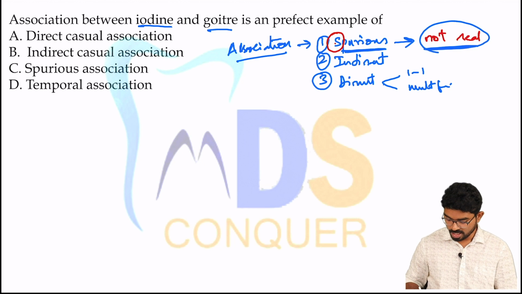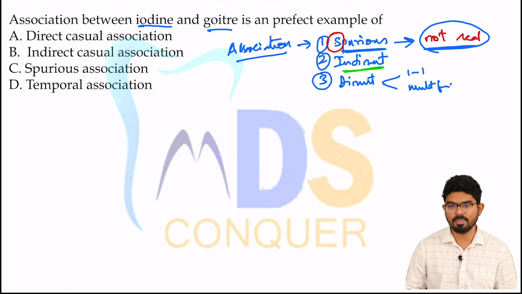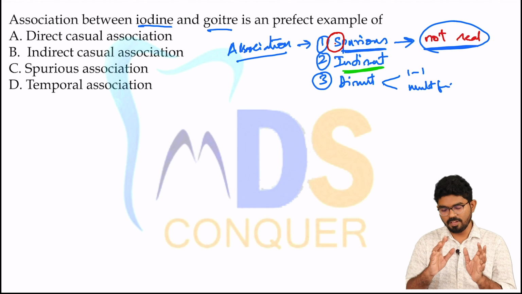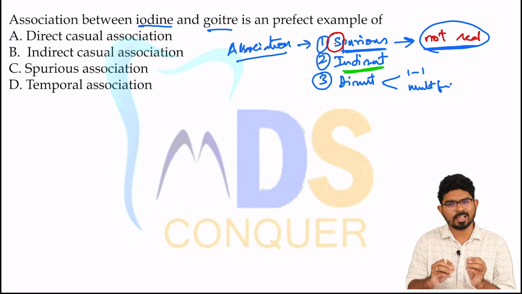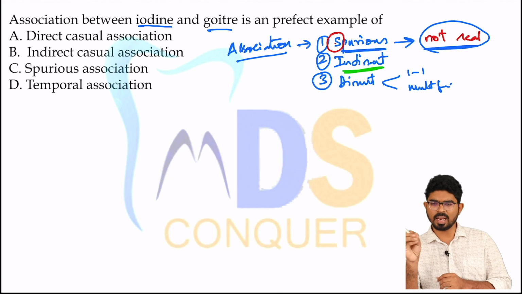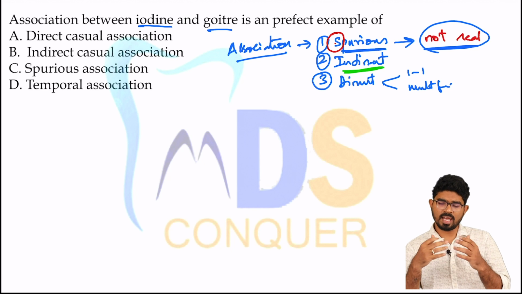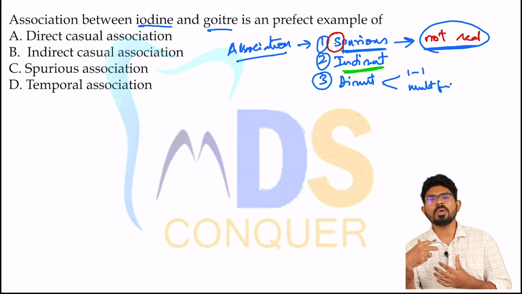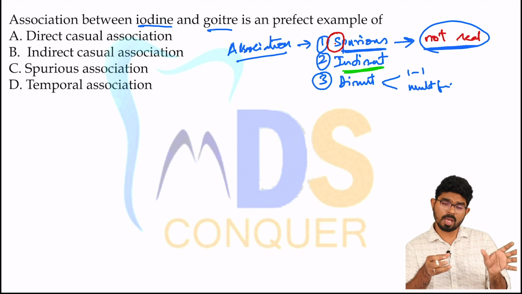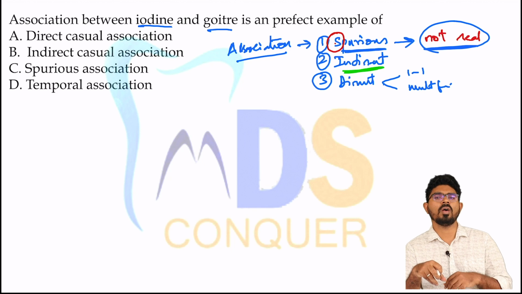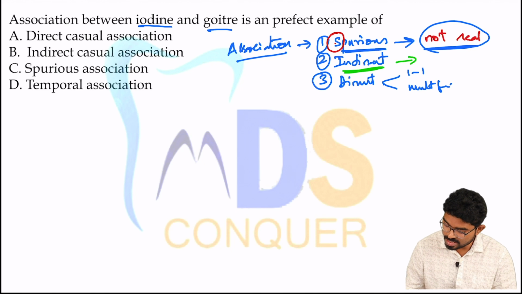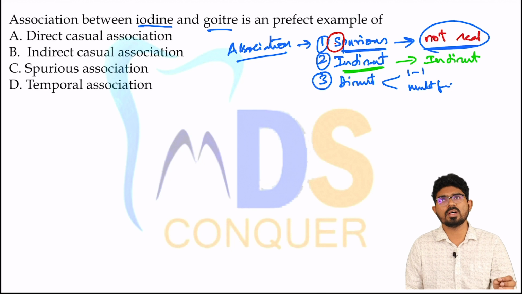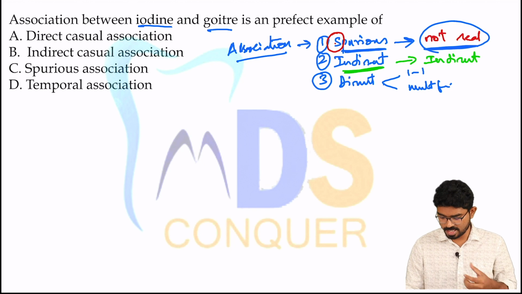The second one is indirect association, meaning the causative organism is not the primary agent responsible for the occurrence of disease, but as the investigation progresses, you come to a conclusion that this factor may also have an indirect effect on the occurrence of a disease. It is not directly associated, but it is going to cause disease indirectly. So that is called indirect association.